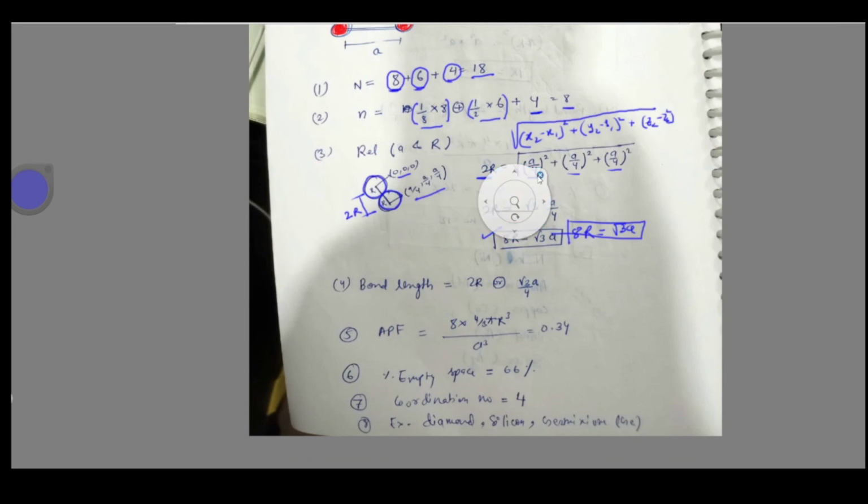And the bond length is 2r, or replace r with a from here. So r equals root 3 a by 8. Substituting in place of r, we get root 3 by 4 a as the bond length, or 2r. For the atomic packing fraction, the effective number of atoms is 8, the volume of one atom is 4/3 pi r cube, divided by the volume of the cube, a cube.